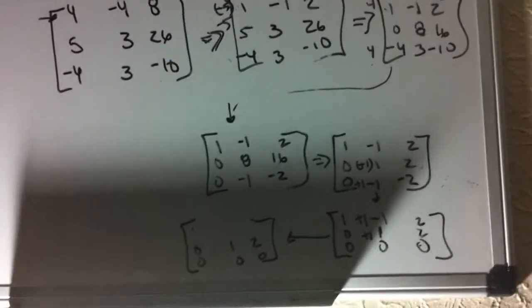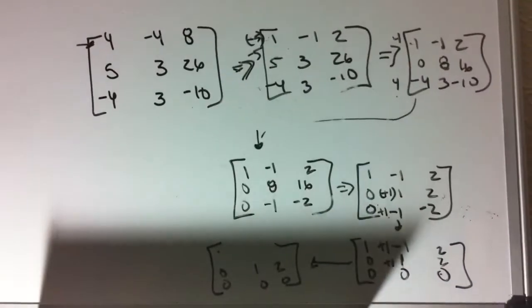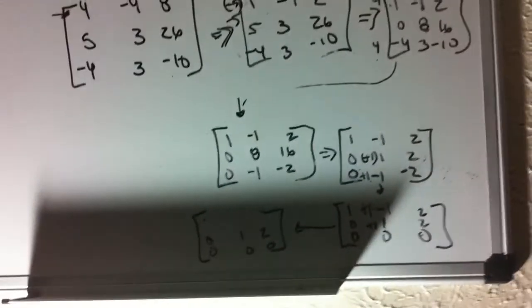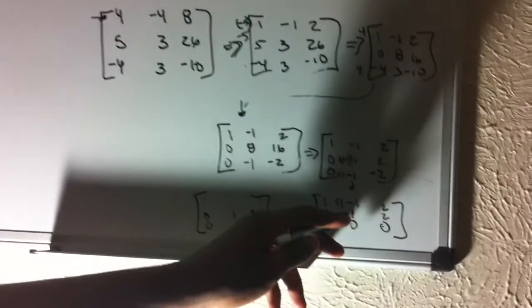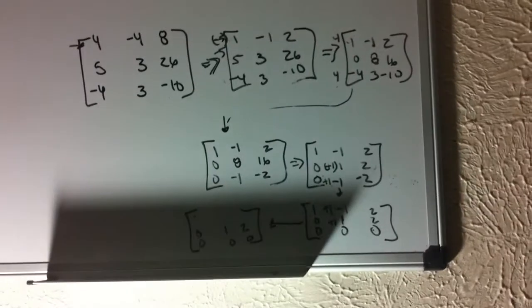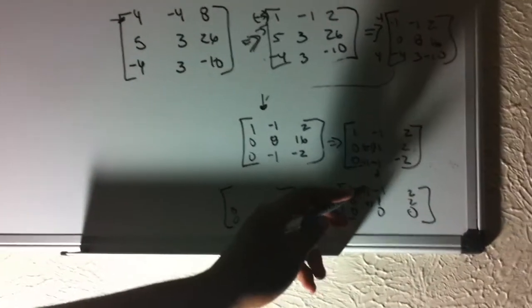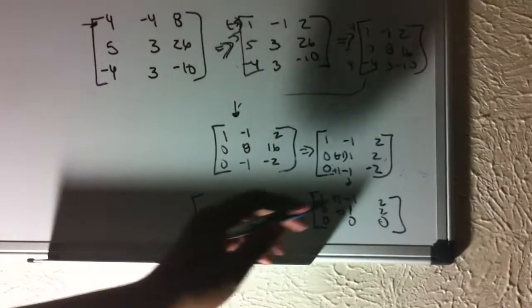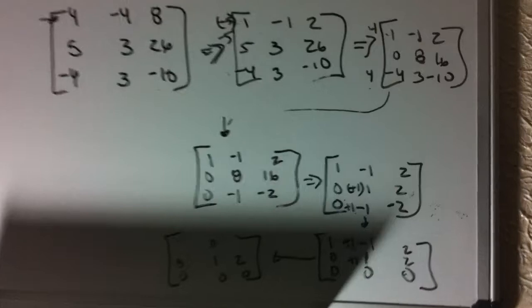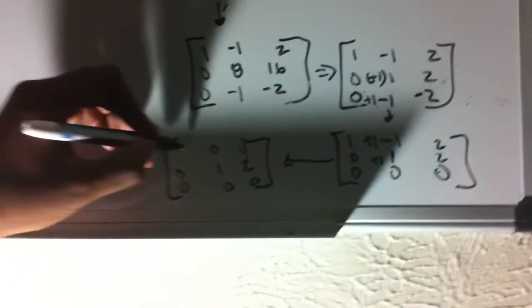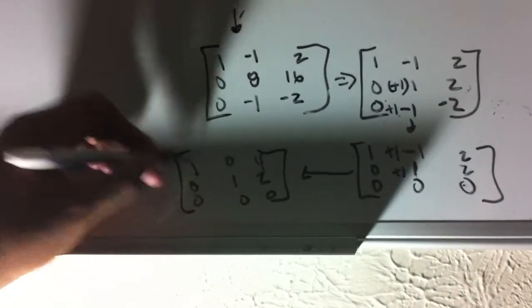So we're gonna combine our first row with our second row to get our results for the first row. So 1 times negative 1 is negative 1 plus 1 gets us 0. 1 times 2 is 2 plus 2 gets us 4. And we just keep our initial value of 1.